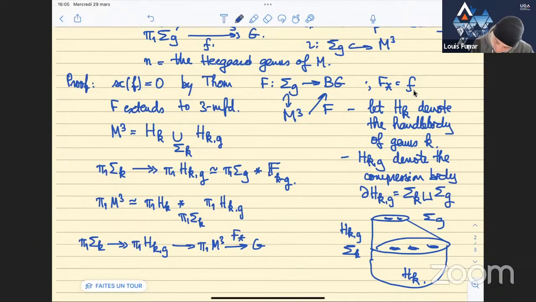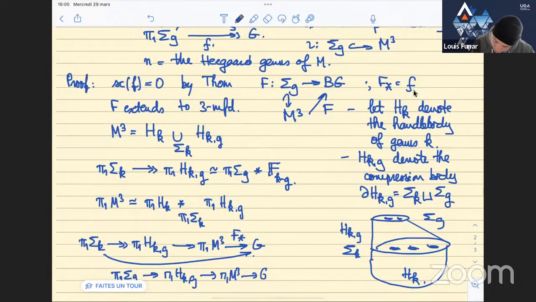Then this map up here is actually a stabilization of the map going from pi 1 of sigma G into pi 1 of H_KG into pi 1 of M3 into G. And this is the F, and this is F prime. F prime is a stabilization.